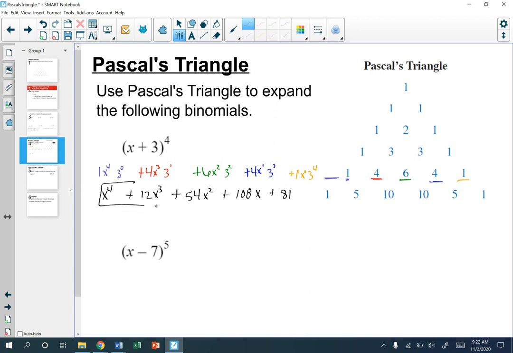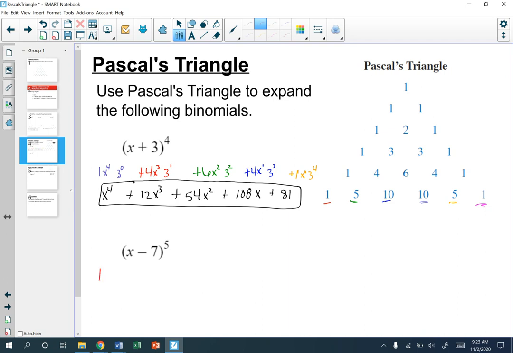So here is that. Now, the next one is a little bit tricky because we are subtracting. So what happens with subtraction is we actually alternate signs. So I'm going to go ahead and color code these again for you so you can see where I'm at here. Okay, and I'm again going to go ahead and write all my coefficients, except now they're going to have alternating signs.